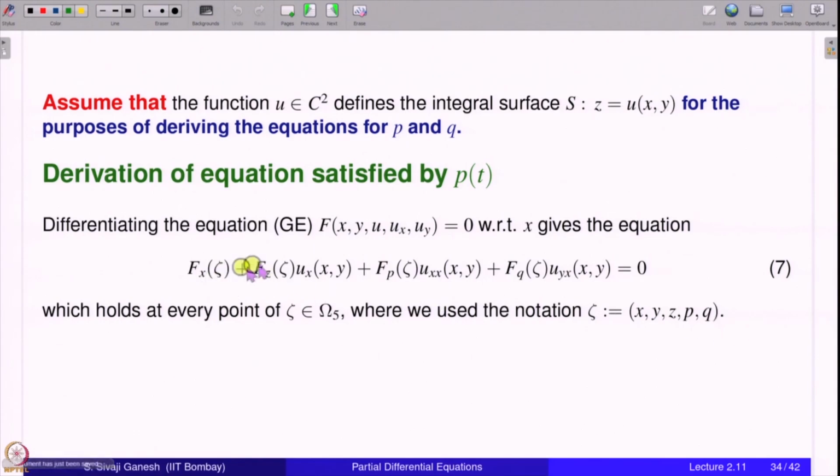Then with respect to z, in z you have u(x, y), therefore you need to differentiate f_z and u with respect to x, then p, f_p, and whichever is here with respect to x, which is u_xx, and here it is f_q and u_xy or u_yx, equal to 0 at every point in omega, where we use this notation zeta equal to x, y, z, p, q.